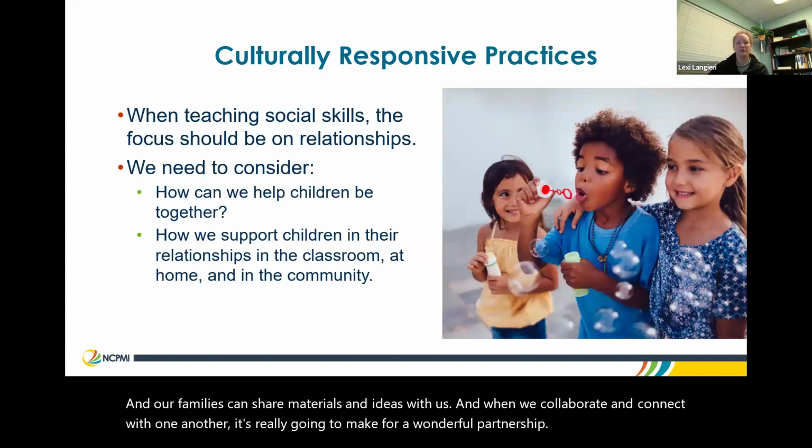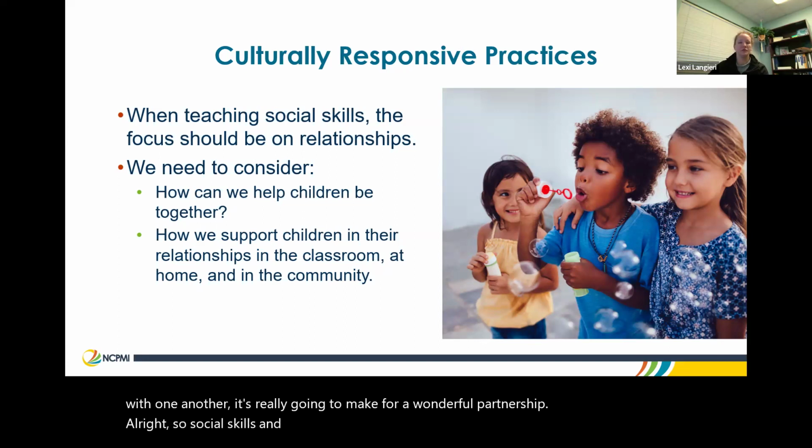All right, so social skills and social emotional health do look very different across cultures. And honestly, every family approaches these skills in a different way.